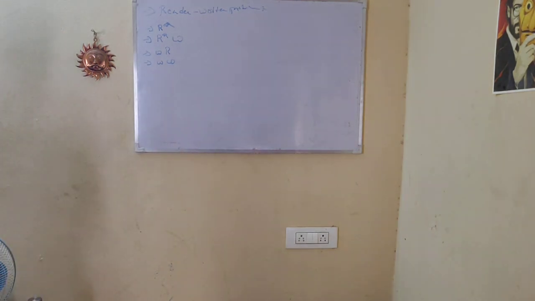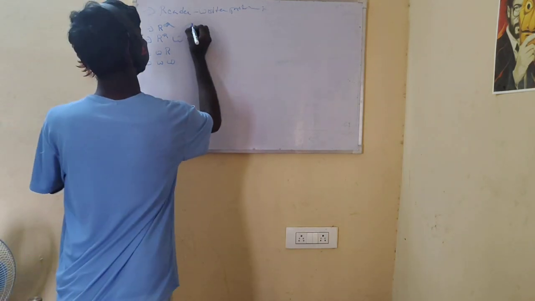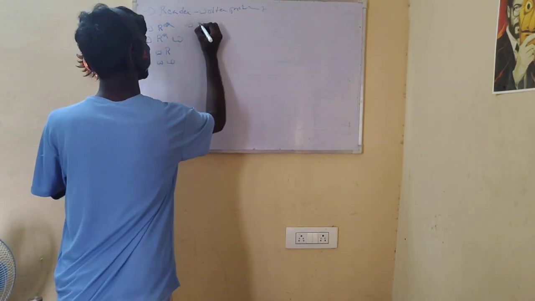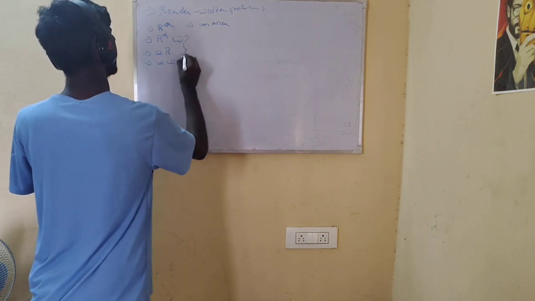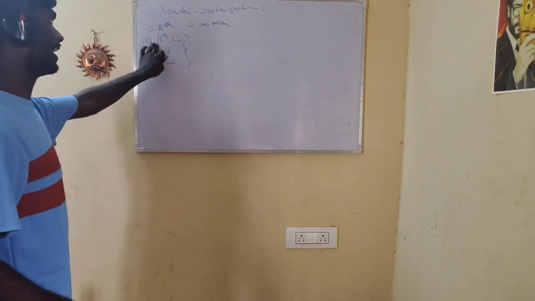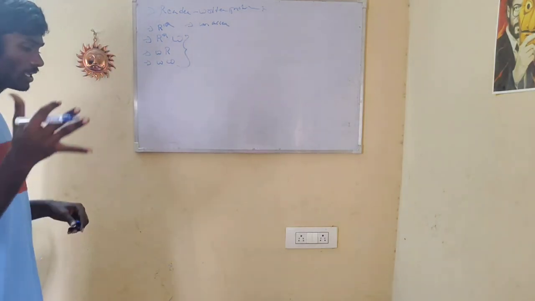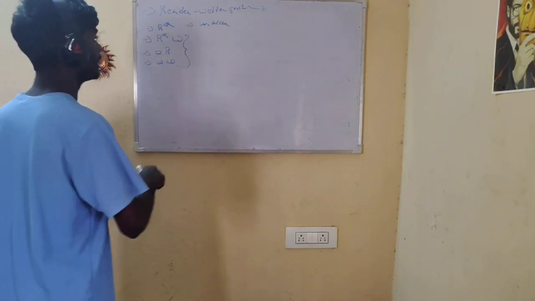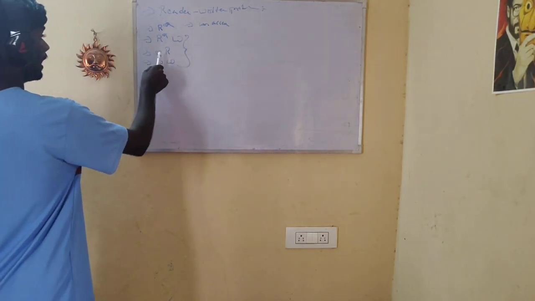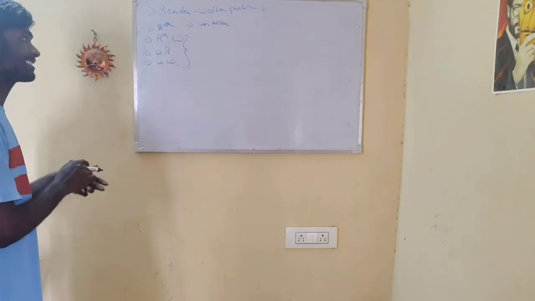So these are the four conditions. First, any number of readers can access. In the other three conditions, that is, when any number of readers are accessing and a new writer is trying to access, we cannot give access to him. When a writer is accessing and a reader is trying to access, we cannot give access to the reader.